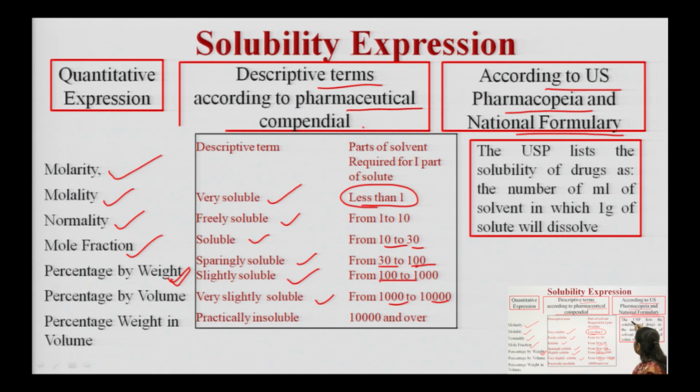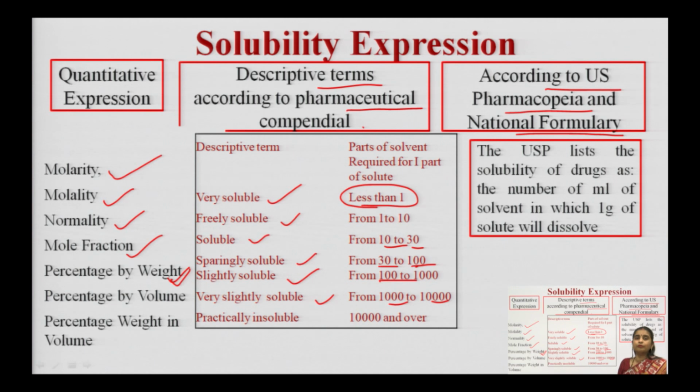Then comes the third one, according to the Pharmacopoeia and National Formulary. Here USP has listed the solubility of a number of drugs according to how much amount of solvent in ml is required.